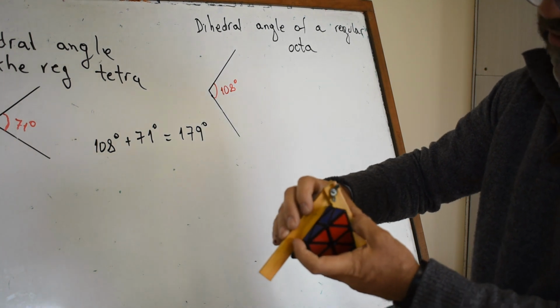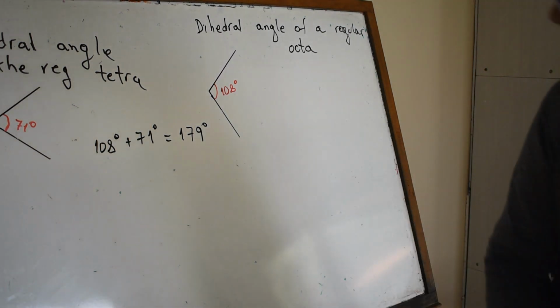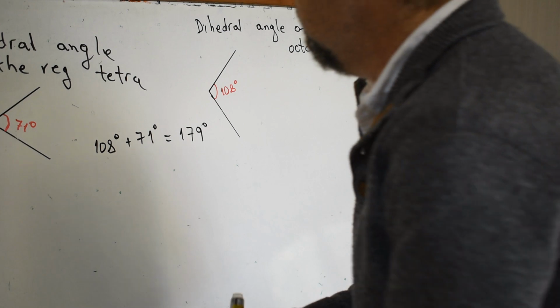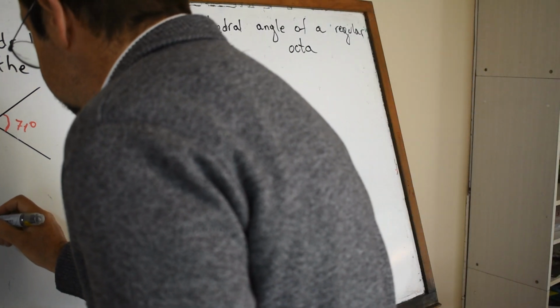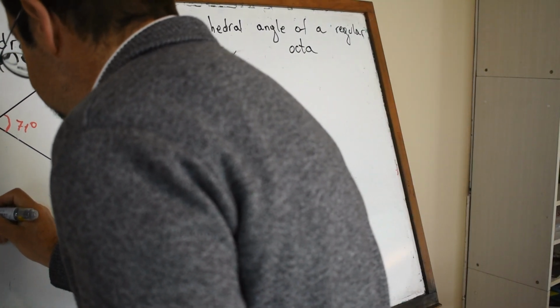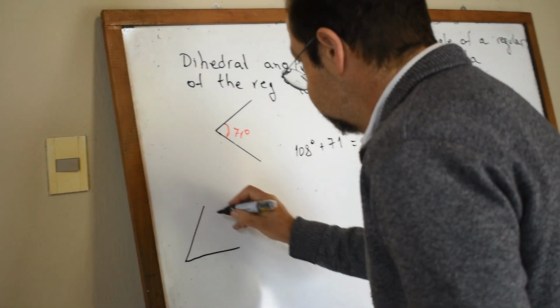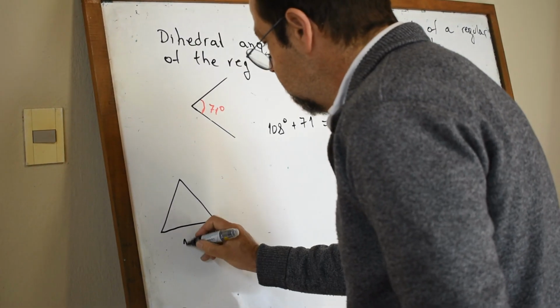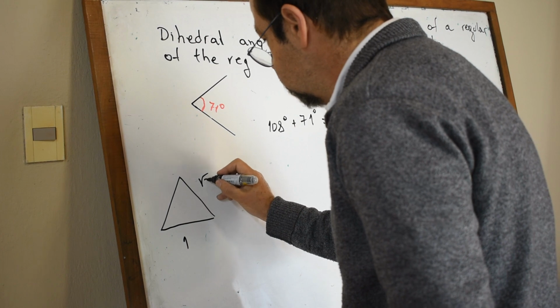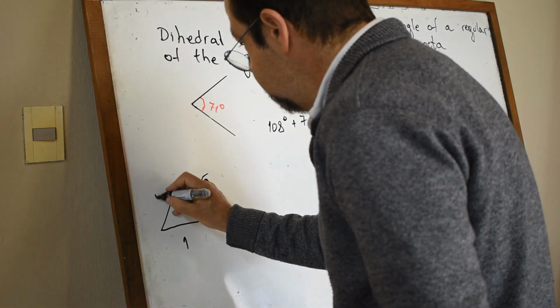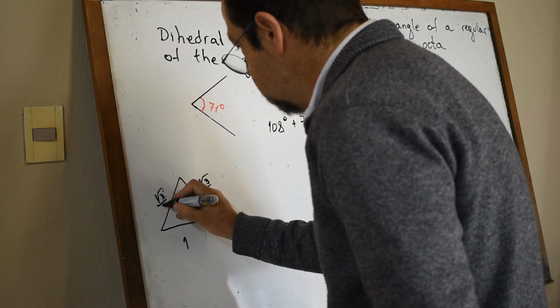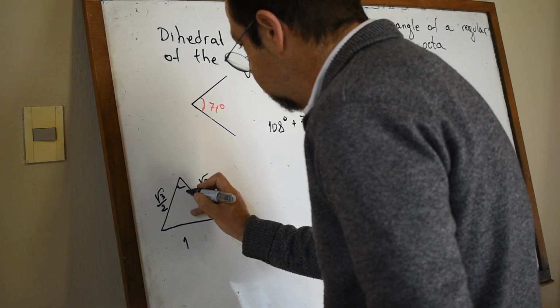Let's do the drawing. It's 1. The height of an equilateral triangle is square root of 3 divided by 2, and this is square root of 3 divided by 2. Let's calculate this angle alpha.